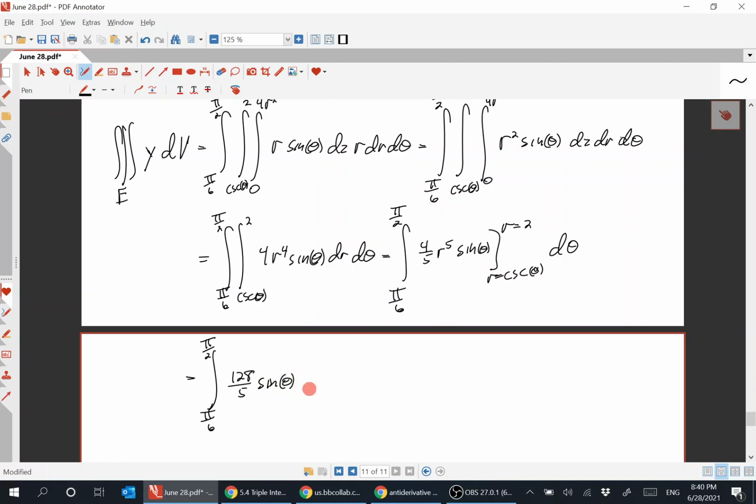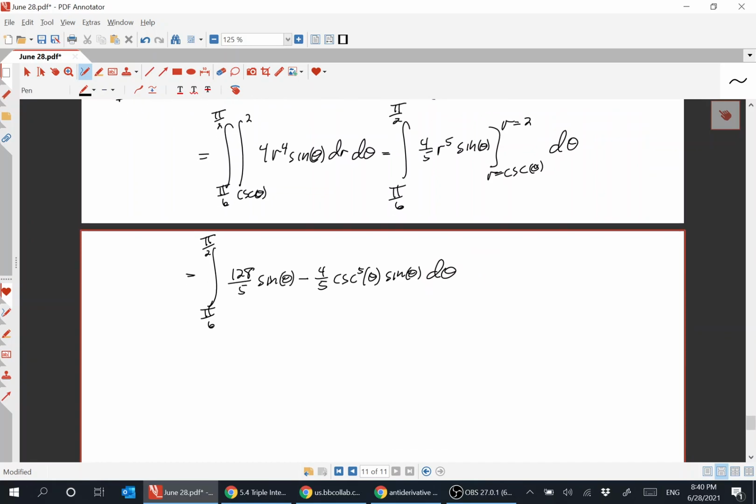Sine theta minus cosecant to the 5th theta sine of theta d theta. So cosecant to the 5th times sine, the sine gets rid of one of the cosecants for you.